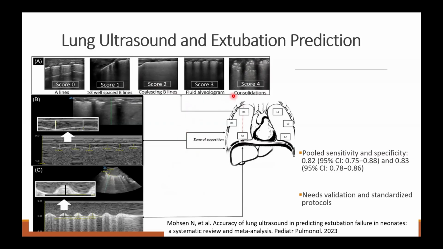Taking all these parameters into account, the pooled sensitivity and specificity of lung ultrasound in extubation prediction was 82% and 83% respectively. These studies had less heterogeneity, but it was found that high risk neonates were very few. So this modality also needs further validation and a standardized protocol in high risk babies.